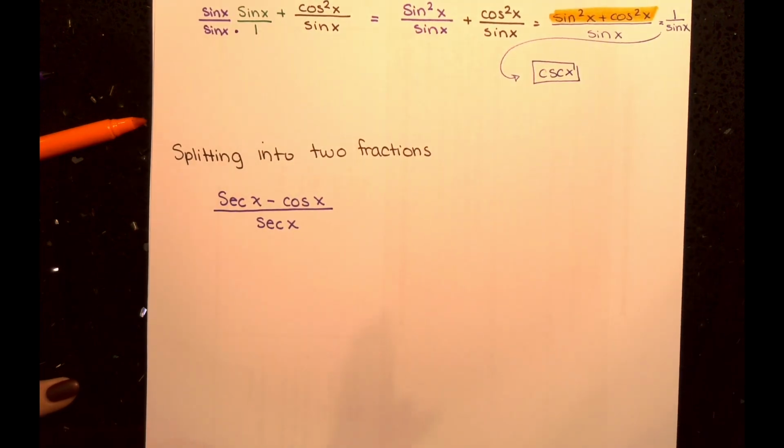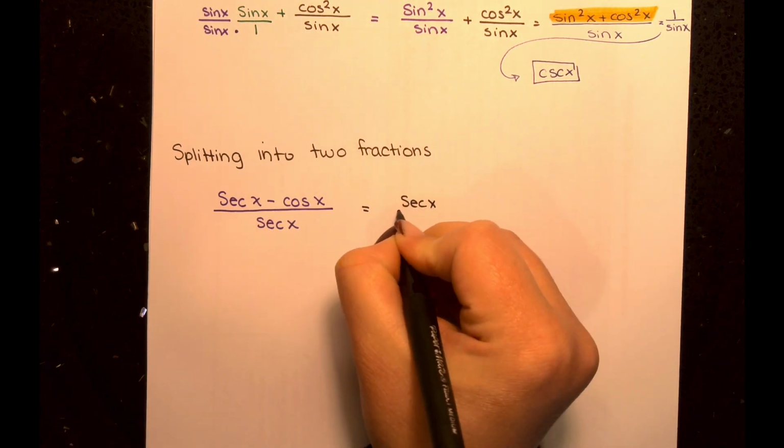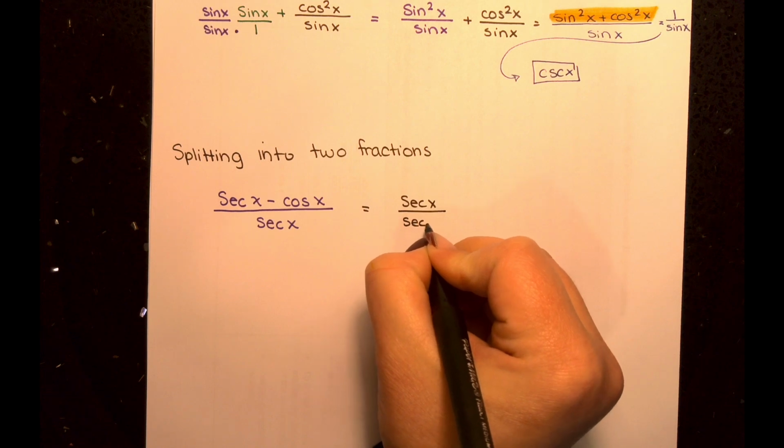Okay, now this is a new one for us, splitting into two fractions. We have not seen this yet. So let's say we have something that is a binomial in the numerator and not a binomial in the denominator. We can separate this out into two fractions, giving each section the same denominator.